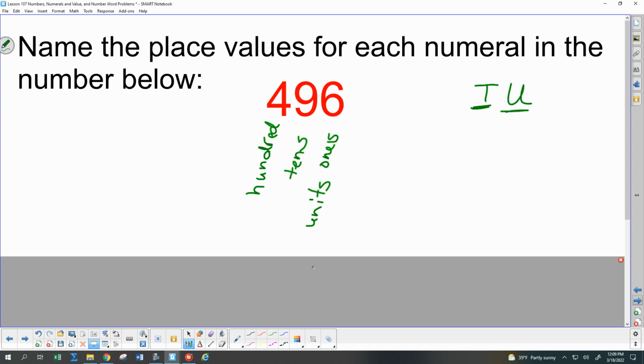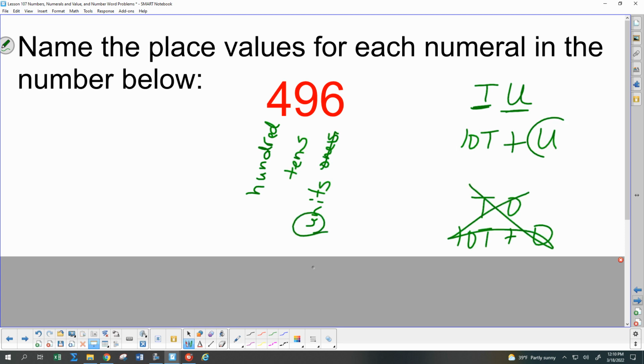That does not mean T times U. That would mean 10 times whatever number is in the tens place, plus 1 times whatever's in the units place. If I called these ones and I did a T and a 0, I'm going to get myself confused and think that that's a 0. So that's the only reason why I want to call this units, so that I can use a U and not an O in there. I don't want to just confuse myself because I have trouble reading and remembering my own writing.